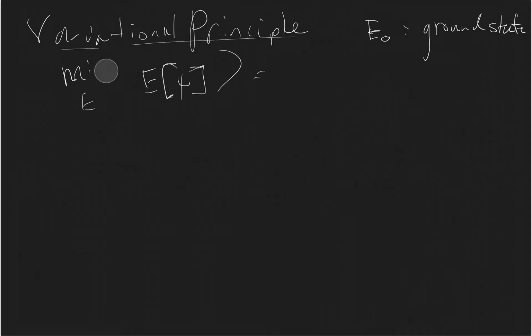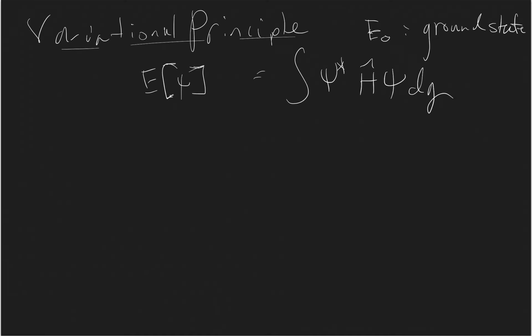Well, this is confusing. Let me get rid of the minimum first, okay? So this functional here, we're gonna make this equal to psi star, basically the expectation value of the energy level of the system, as a function of our wave functions. So this functional is just the expectation value of the Hamiltonian operator. Let's think about it like this.